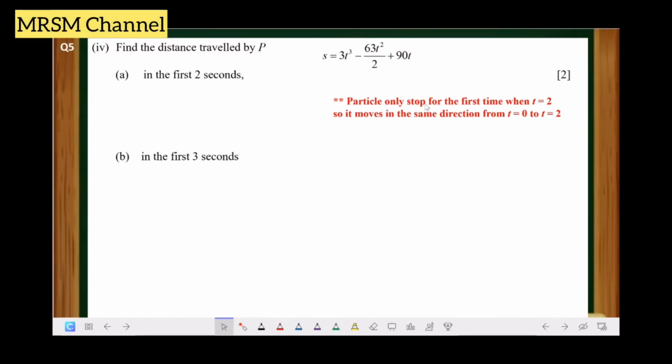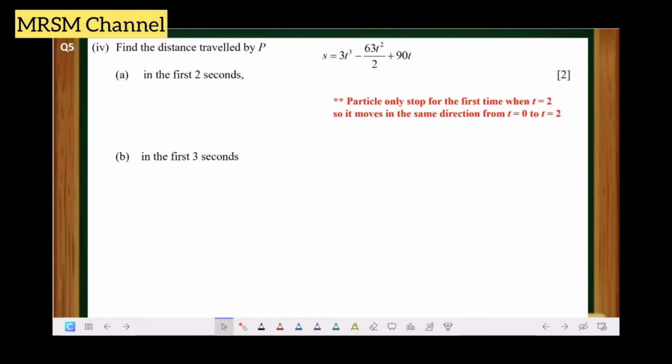Maksud dia, particle only stop for the first time when T is equal to 2. So dia tak stop sebelum tu. Start daripada T0, dia akan ikut jalan until T is equal to 2, baru dia stop. So that we can say that it moves in the same direction from T0 until T is equal to 2. Okay, dia akan bergerak sebab particle ni once dia stop, dia akan reverse the direction.